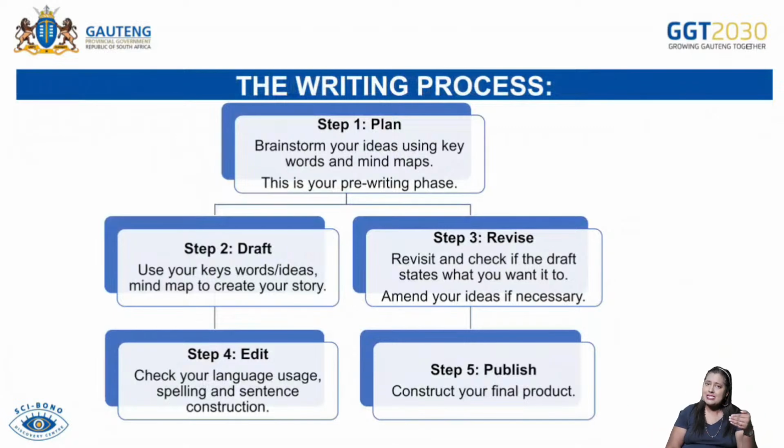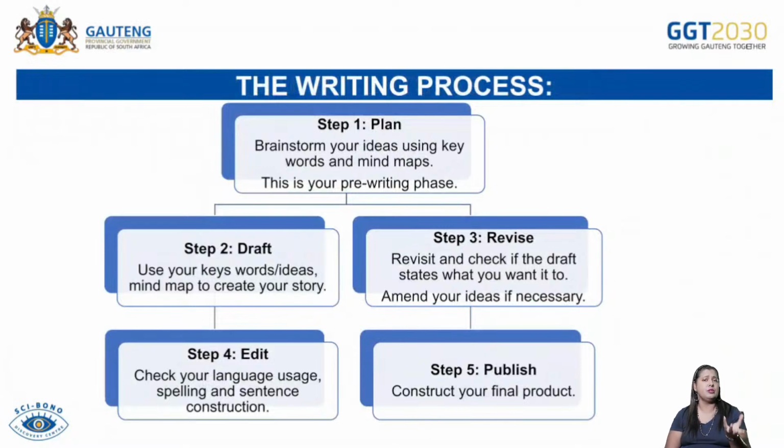And then when you're editing that piece of work, you are checking again that you've used language correctly, you've used the right spelling of words, you have made sure that you've used a correct synonym, for example, that is still saying what you want to say, or you've used correct phrases or clauses if you're going to use them in your particular piece of work.